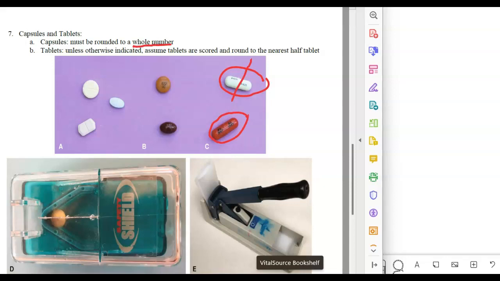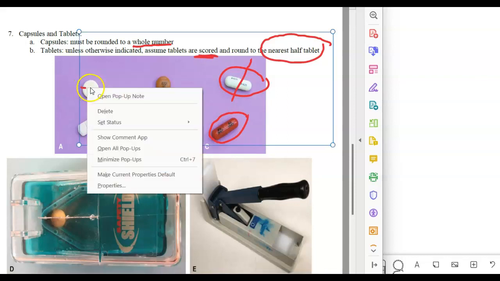Now when it comes to tablets, unless it's a specialized order or a special kind of tablet, for the most part, you round to the nearest half a tablet if it's scored. What do we mean by scored?